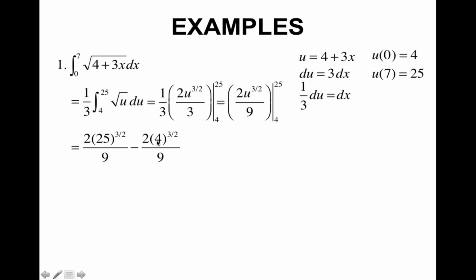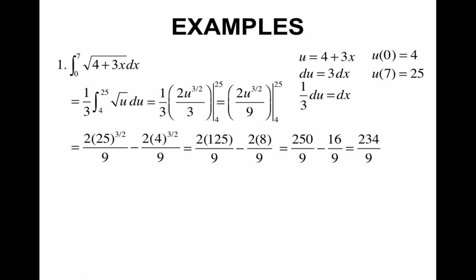The square root of 4 is 2, and 2 cubed is 8. So now I can go ahead and evaluate. And since they already have a common denominator, I get 234 over 9, which gives me 26.